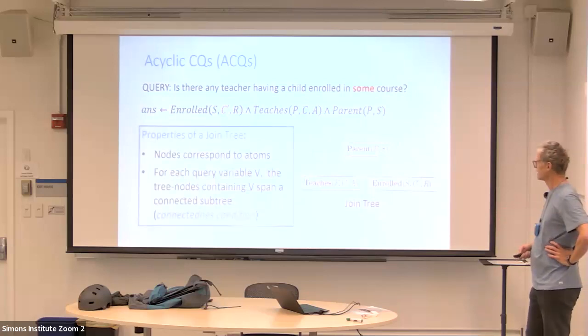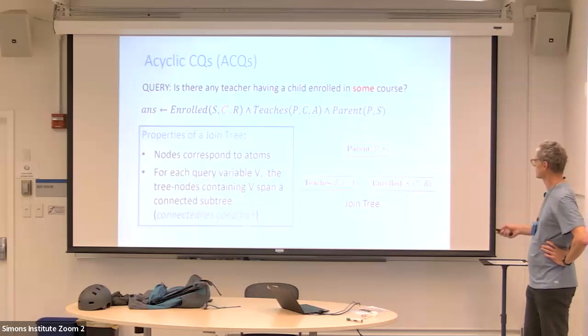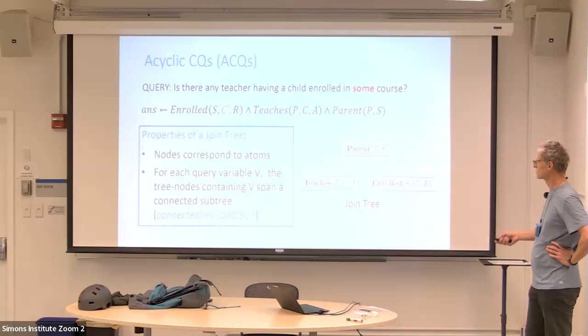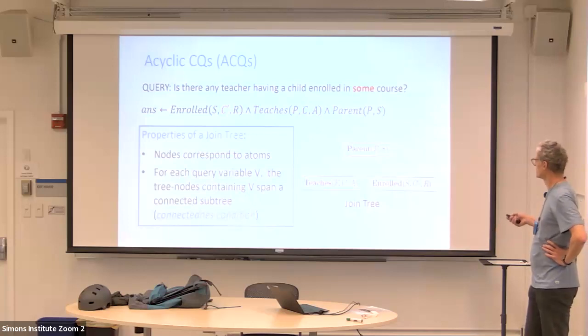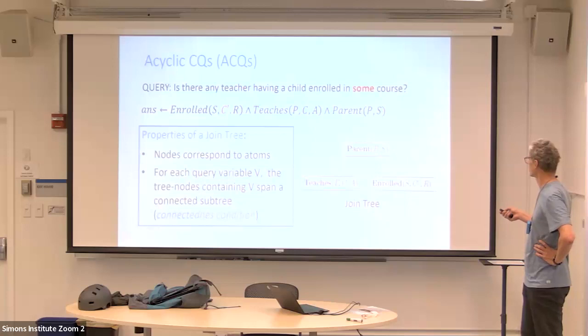In addition, this labeling of the nodes with atoms from the query has to satisfy the so-called connectedness condition. That is, the nodes which contain a certain variable from the query must be connected. So for example, here we have P and S, here we have S and so on.